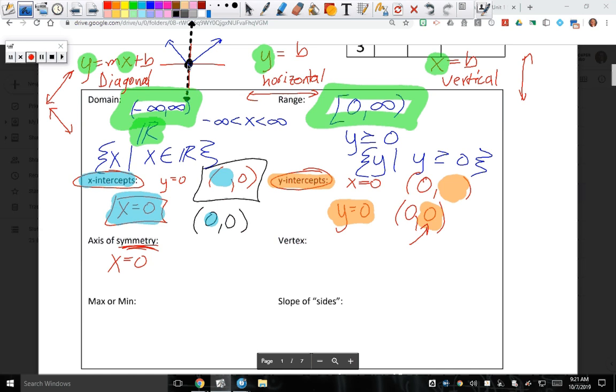Try it. Oh, it's okay. 0, 0. Yeah, so this is going to be 0, 0. It's the location on the graph where the corner, you can write the tip or corner of the graph. Okay? That's what the vertex means.